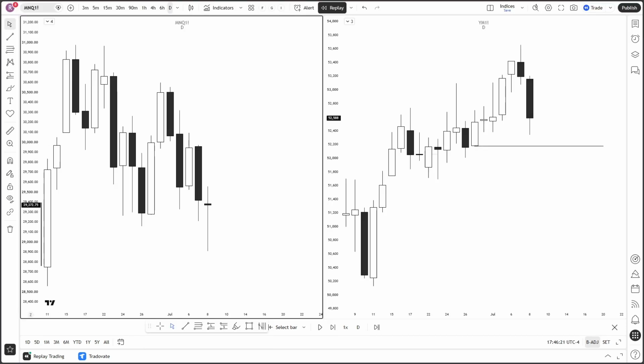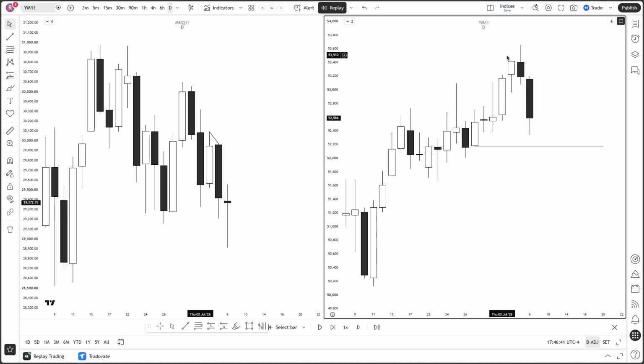So starting off with the daily time frame, this was the day that I traded. This is a reversal candle right here, but this is how the candle closes. If we take a look at previous price action, what we can see is NQ made this weekly cycle sequential SMT with YM, and YM closes as a bearish reversal candle.